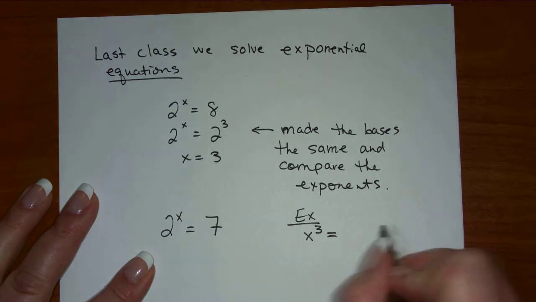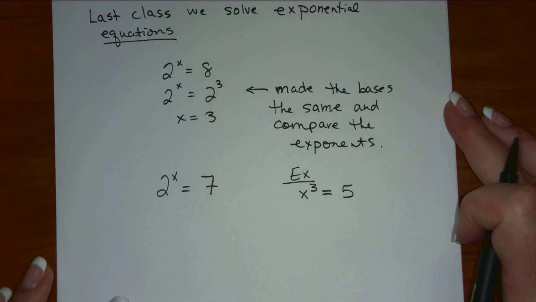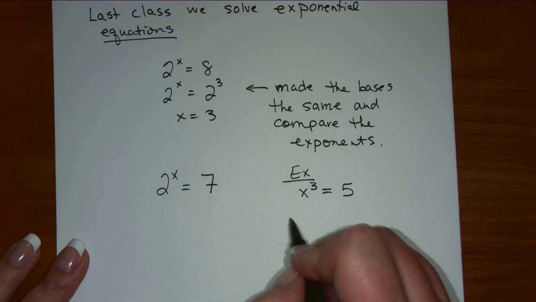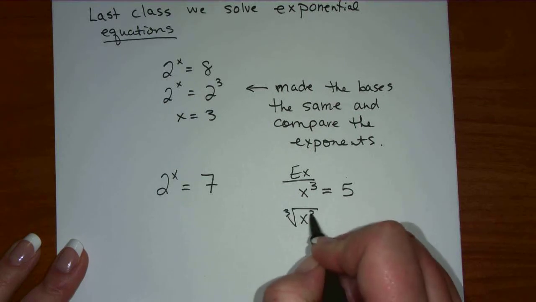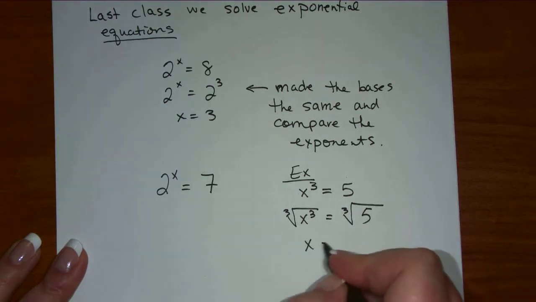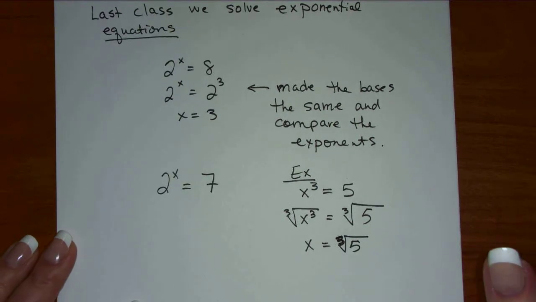What do you do to both sides to get rid of the cube? Cube root. So we take the cube root of both sides, and whatever that's equal to is the answer. The cube root of 5 doesn't work out nice, but that would be the answer. You could either estimate it or put it in the calculator.